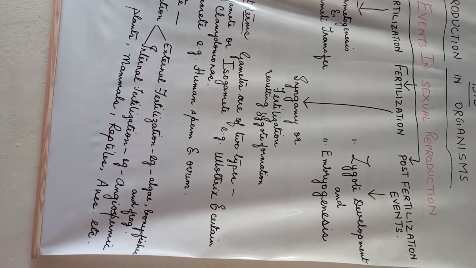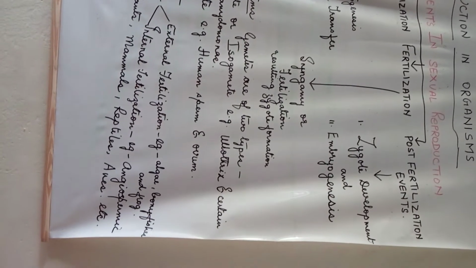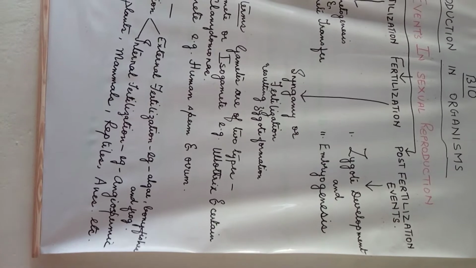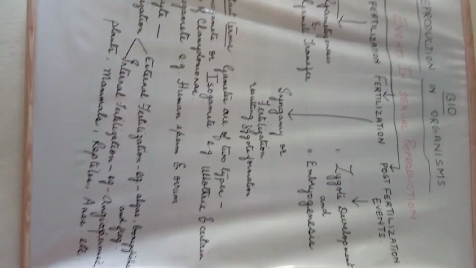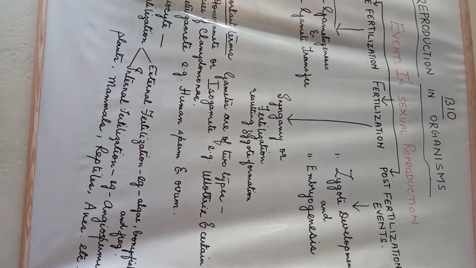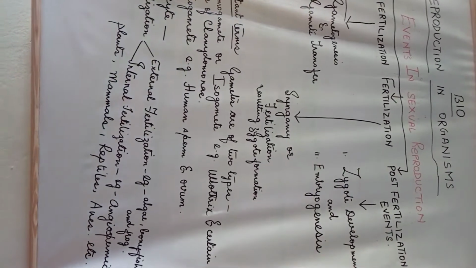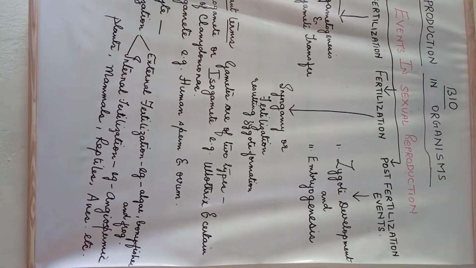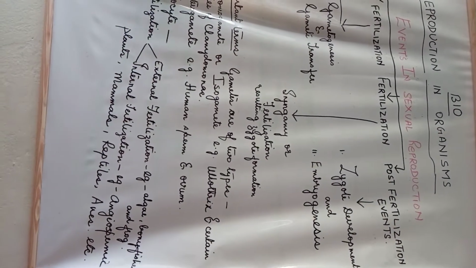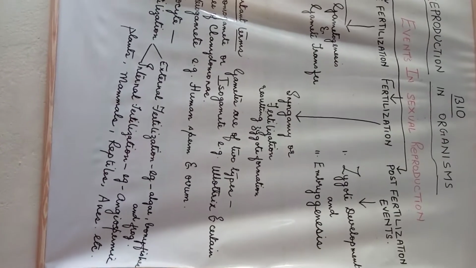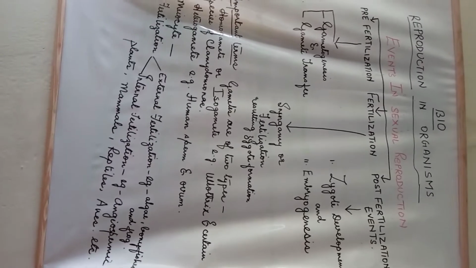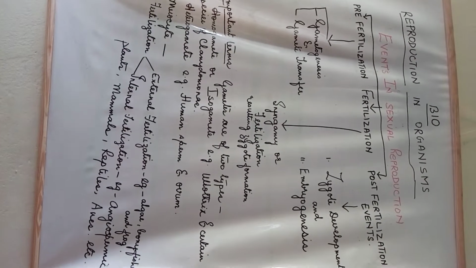In organisms showing diplontic and haplontic life cycles, zygotes undergo mitotic division, and later during the formation of spores, meiosis occurs. Now let us come to embryogenesis. The process by which the zygote develops into an embryo is called embryogenesis.